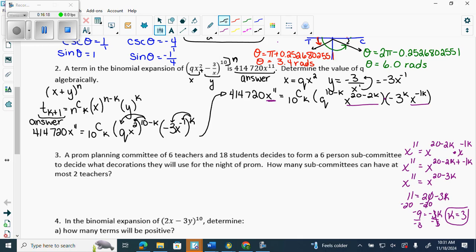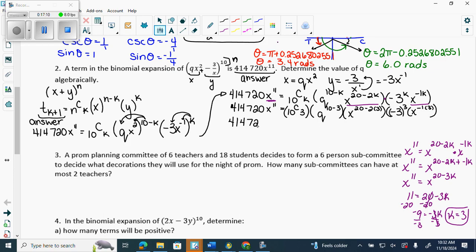So I'm going to get, an aggressively thick marker, let's see what I get. 414,720 x to the 11 equals 10c3 q to the 10 minus 3, technically times x to the 20 minus 2 times 3, minus 3 to the 3, x to the negative 1 times 3, which looks way worse than it is. What's 10c3? 120.